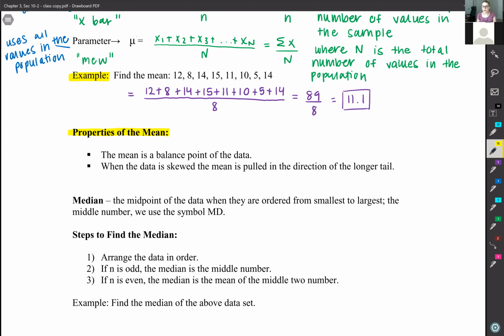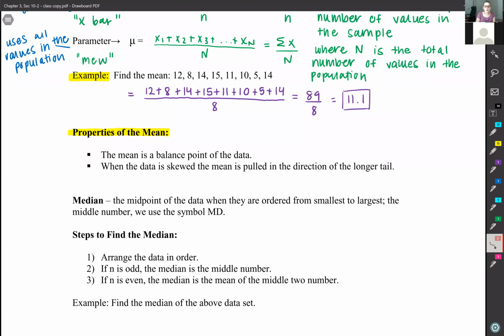So let me say that in some other words. So let's say you have a number line and you have all of your data points on it. So let's say I make a number line of these data points that I'm given, and I mark them on the number line. And then I also mark where my mean is at on the number line.